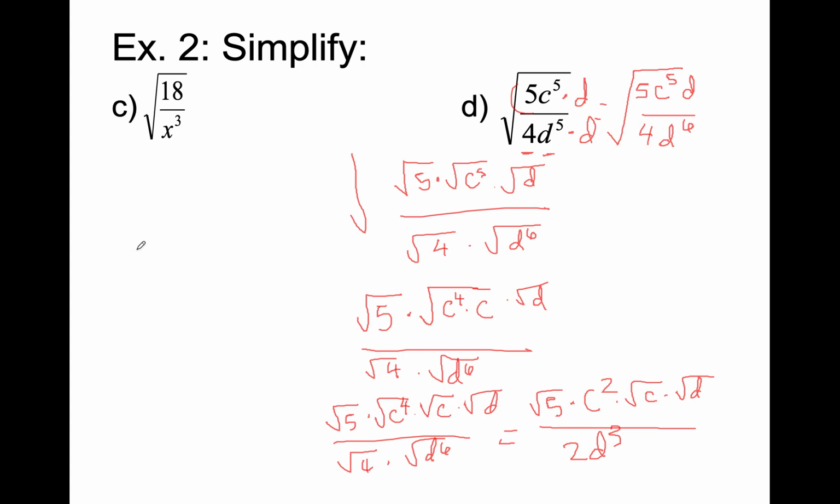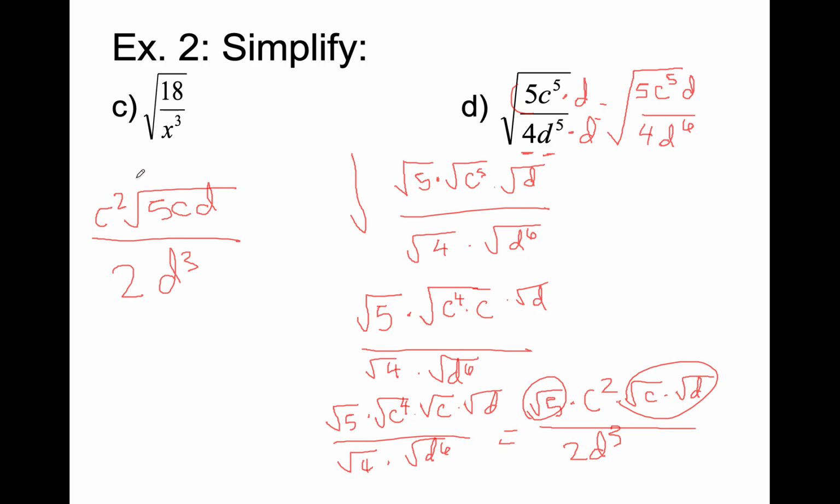I'm going to write my final answer over here, combining everything in my radicals, this 5 and this c and d, and that c squared is going to stay up front. So c squared radical 5cd all over 2d cubed. My final step is to check to see if I can simplify this fraction at all, and I can't, so that's my final answer.